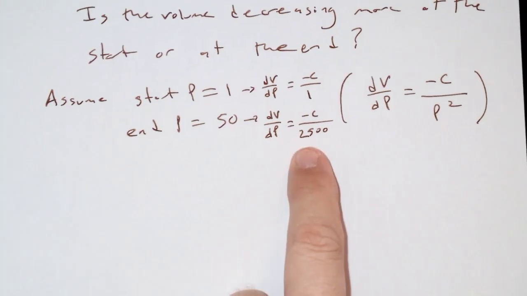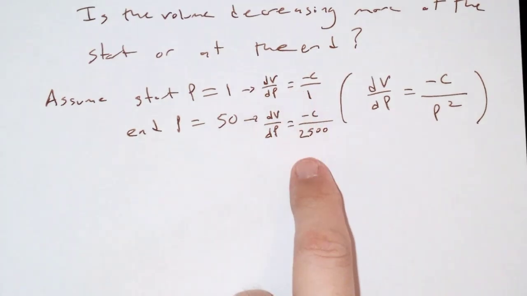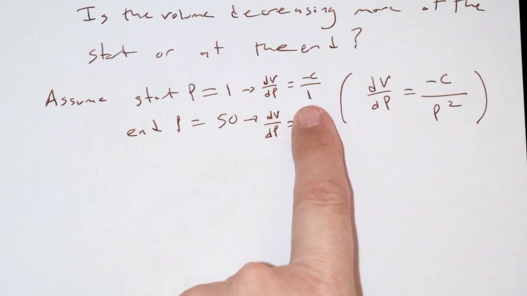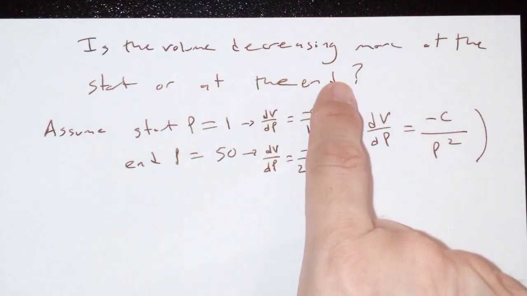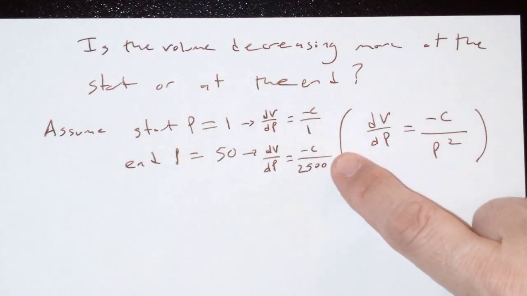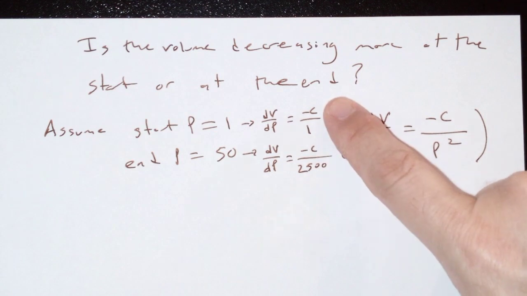This one is smaller since we're dividing by a bigger thing. So at the end, I have smaller change in volume than at the beginning. Is the volume decreasing more at the beginning or the end? Well, you just told me there's less change at the end than there is at the beginning.